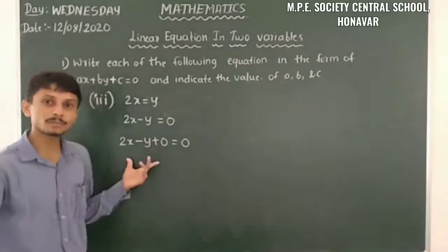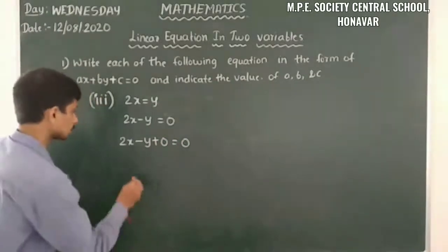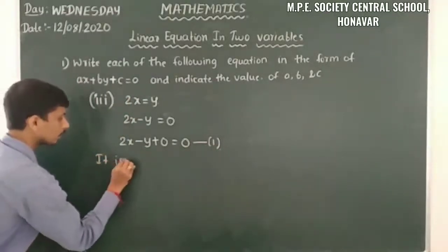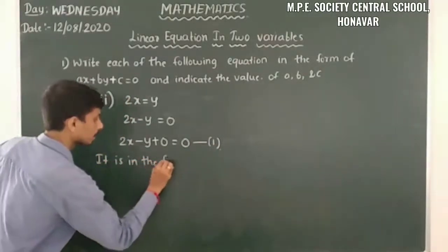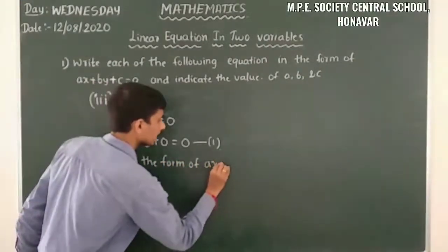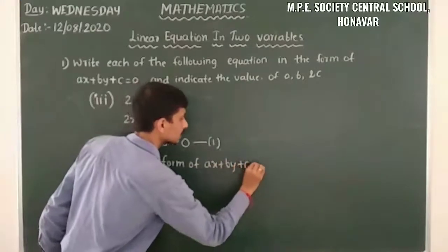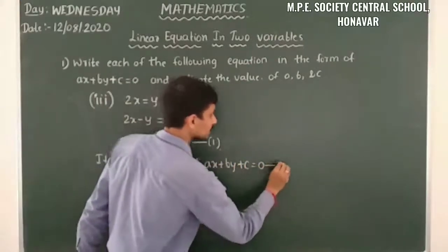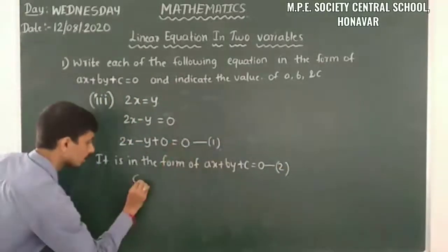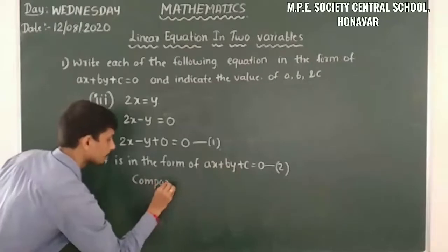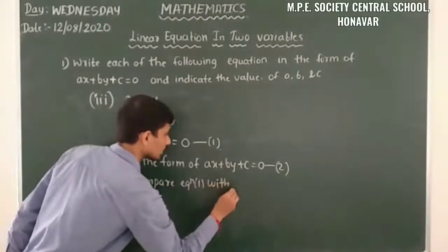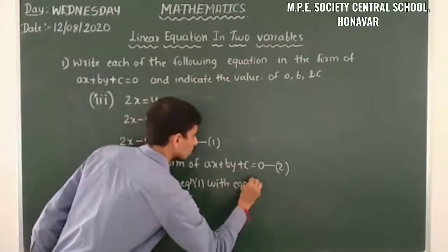Then it is in the form of ax plus by plus c is equal to 0. I will take this as equation number 1. It is in the form of ax plus by plus c is equal to 0. I will take this as equation number 2. Then compare equation 1 with equation 2 here.